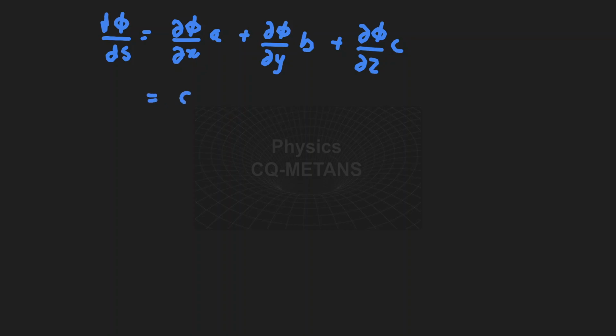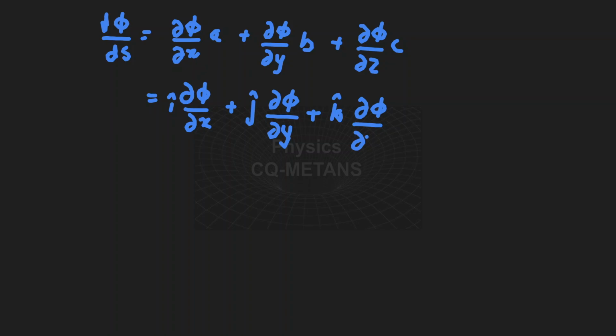So I can write it as ∂phi by ∂x i cap plus j cap ∂phi by ∂y plus k cap ∂phi by ∂z, dotted with a i cap plus b j cap plus c k cap. If we take this dot product, we will get the above relation. So we are just writing it in terms of a dot product.